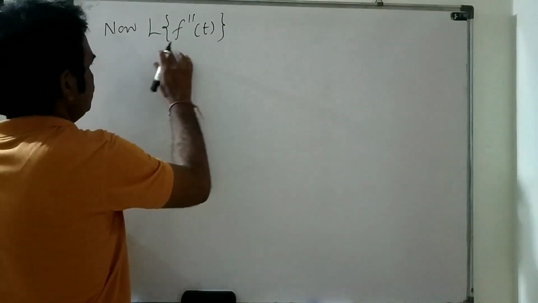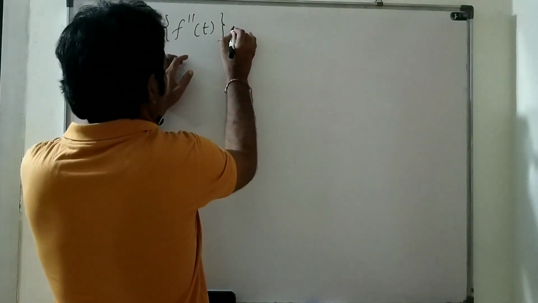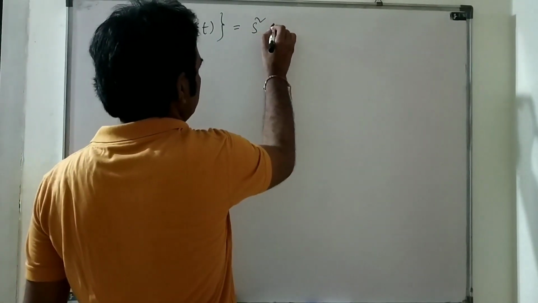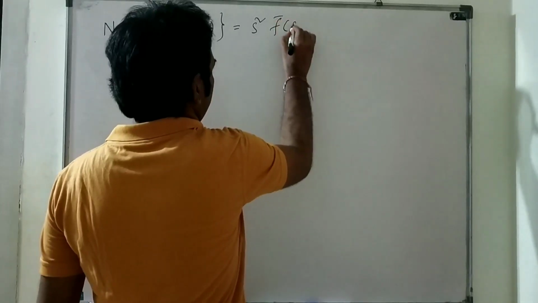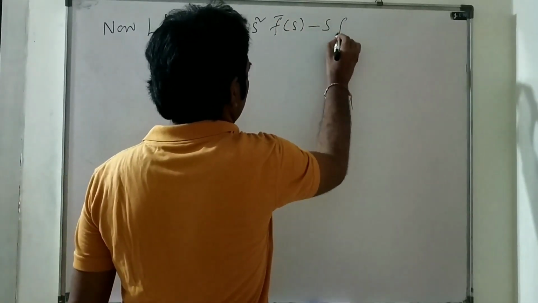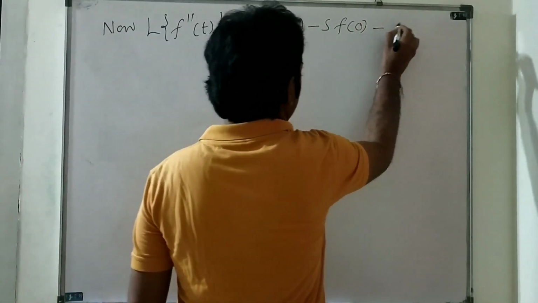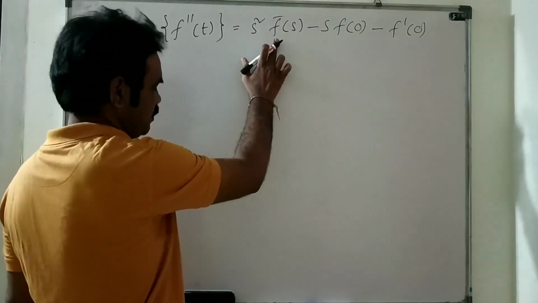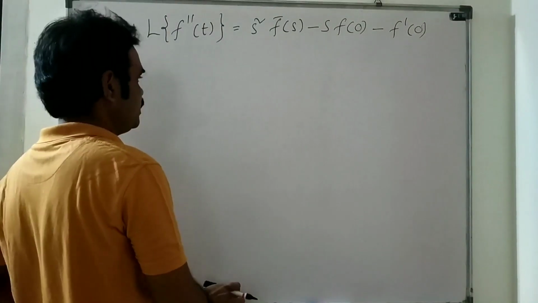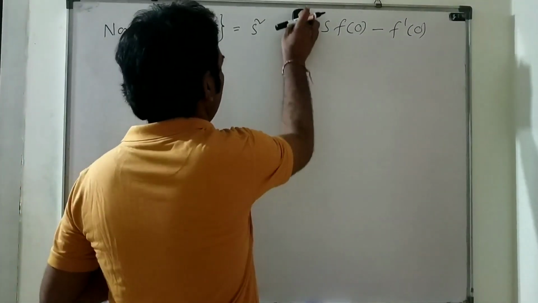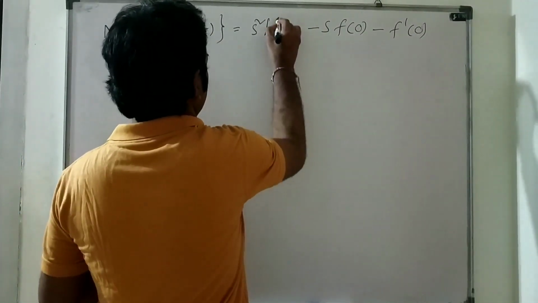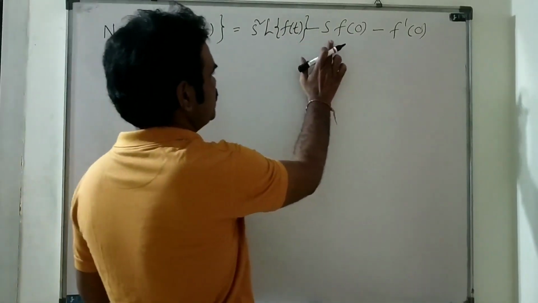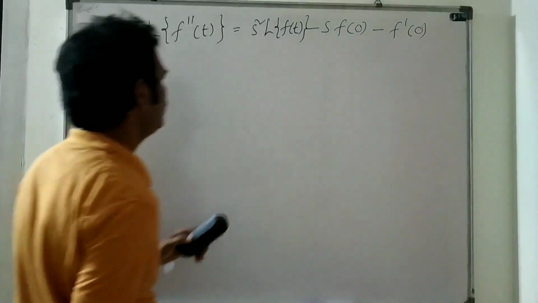By the theorem on Laplace transforms of derivatives, L of f''(t) is s² f bar(s) minus s f(0) minus f'(0). Here f bar(s) means L of f(t). You can write in place of f bar(s), L of f(t): s² L of f(t) minus s f(0) minus f'(0).